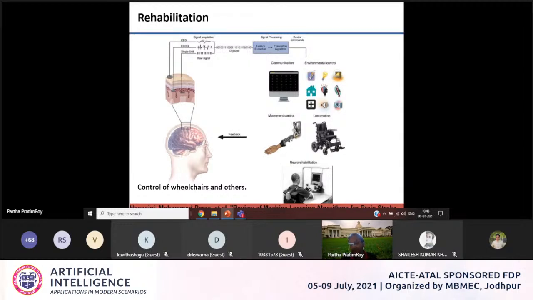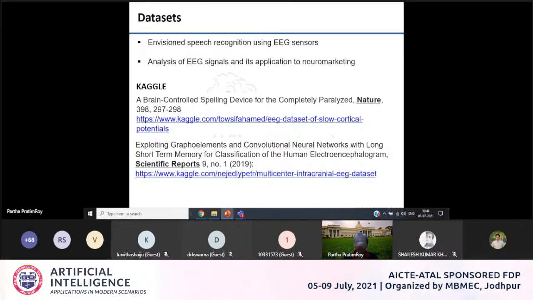If we understand that you have captured it, then it's fine, otherwise we will move. So it will understand whether you have captured it well or not. These are the states we can analyze using this machine learning paradigm, understanding patterns from these EEG signals.